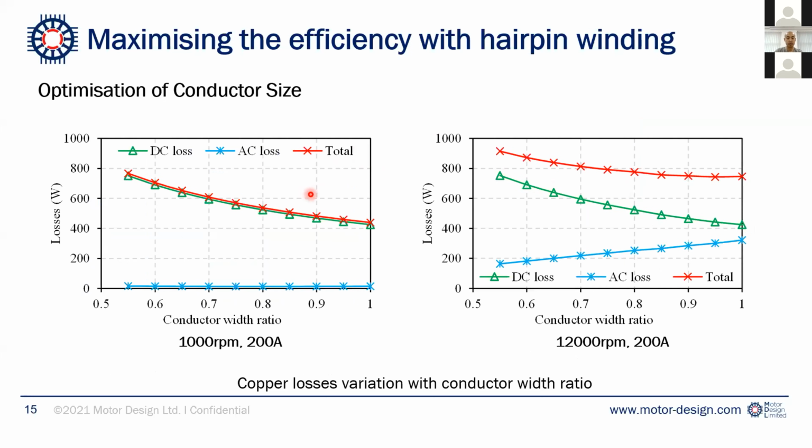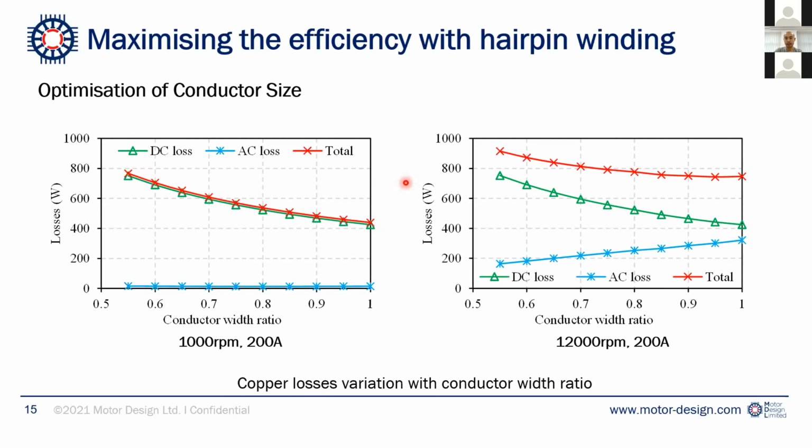So here come some results. Similarly to the analysis with different winding layers, we take 2 operating points as examples: 1000 RPM, low speed, and 12,000 RPM, high speed. At low speed, we can see that the reduction of the conductor width ratio leads to an increase of the total loss, since we introduce a lot more DC losses.